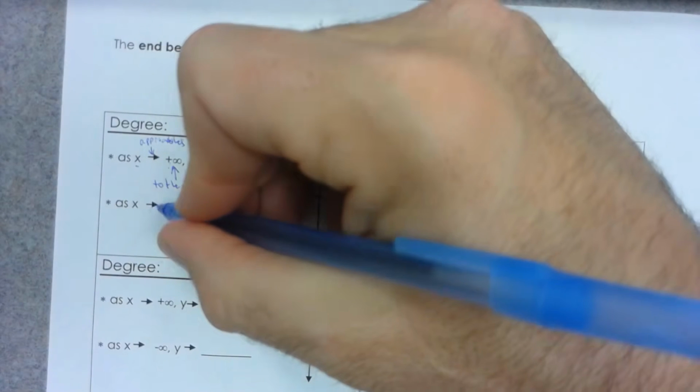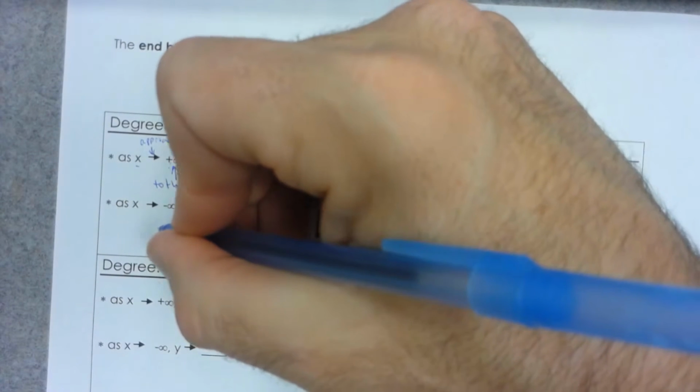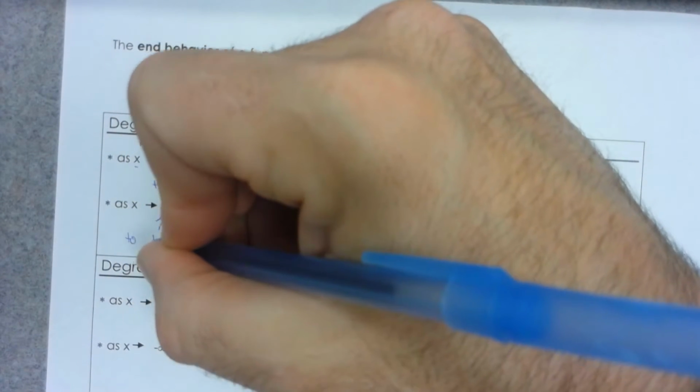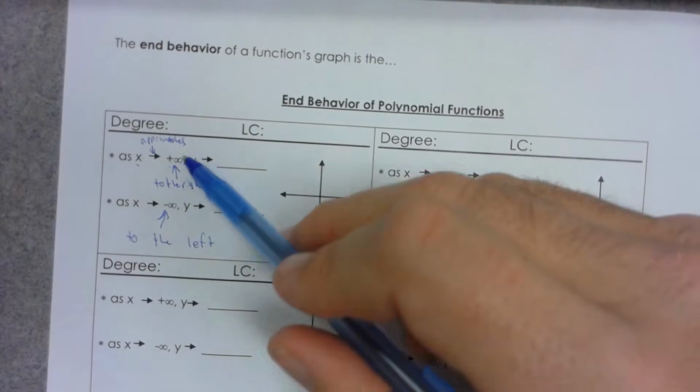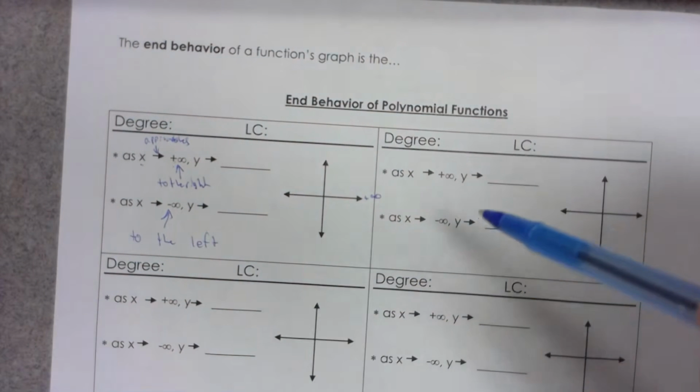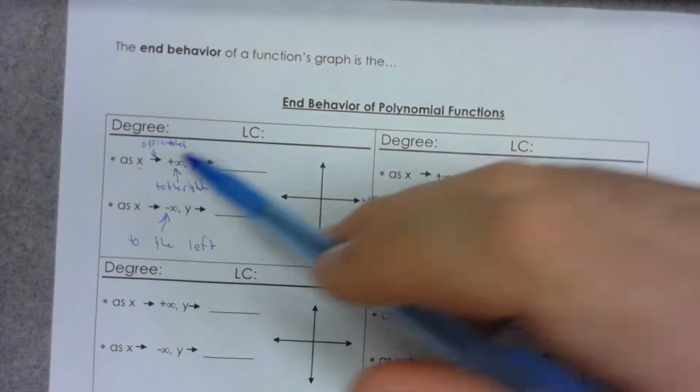Whereas x approaching negative infinity means to the left. You could also say it approaches a larger negative number and a larger positive number with words, but mathematically, this is how you state it.